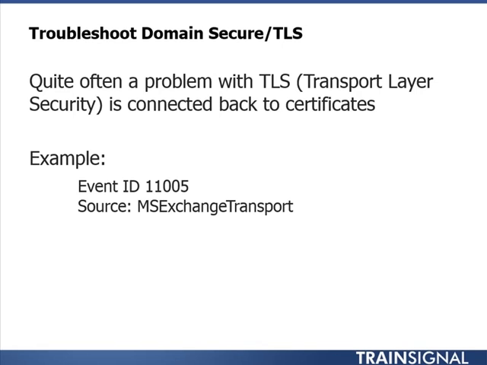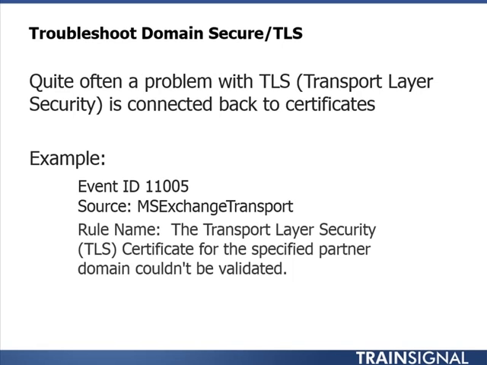So here's an example. Event ID 11005, the source is the MS Exchange transport, and the rule name is the transport layer security TLS certificate for the specified partner domain couldn't be validated. So oftentimes the certificates might be a problem on your end, but in this case it looks like the problem is actually on your partner's end.